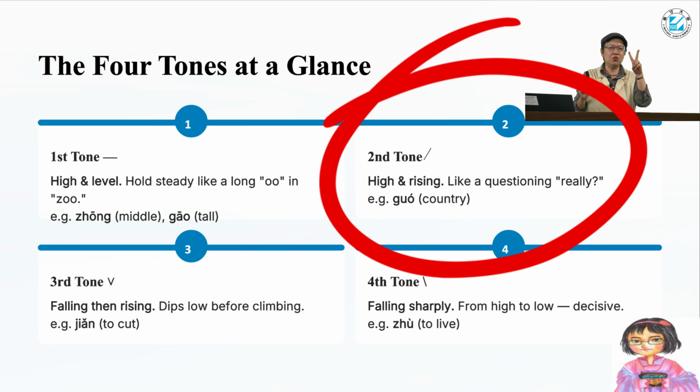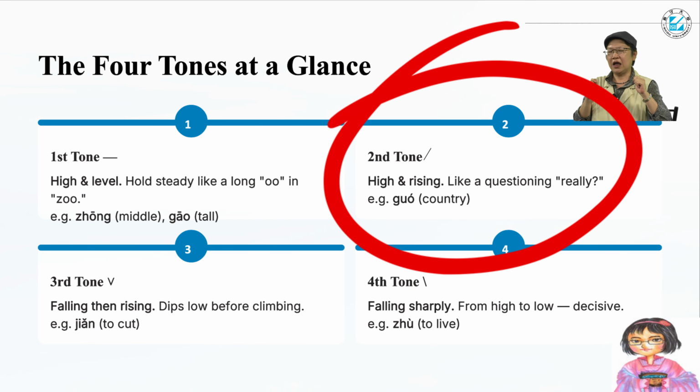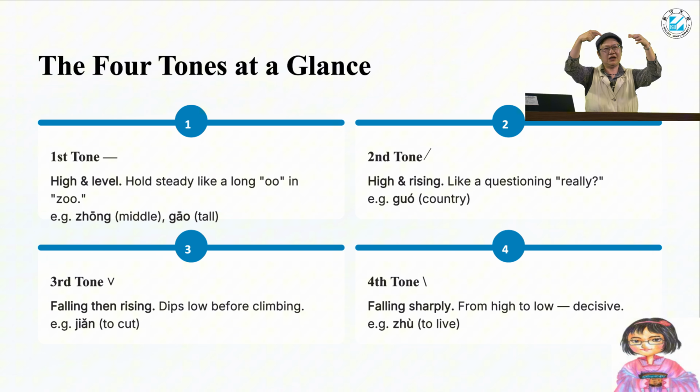Okay, the second one is the second tone, which is going up. So the rising up tone is like... okay, so you have a beginning point, which is a little bit lower, and you rise your voice up. Let's use the word ba sound as a practice.